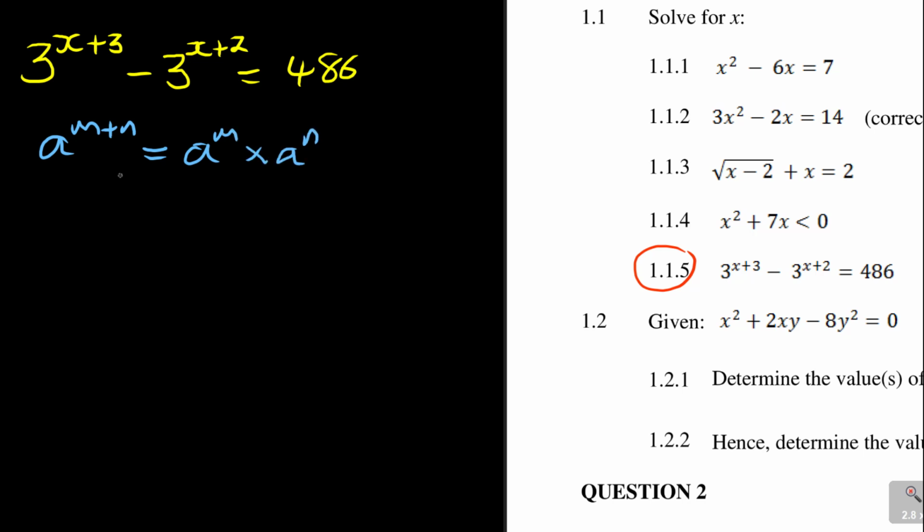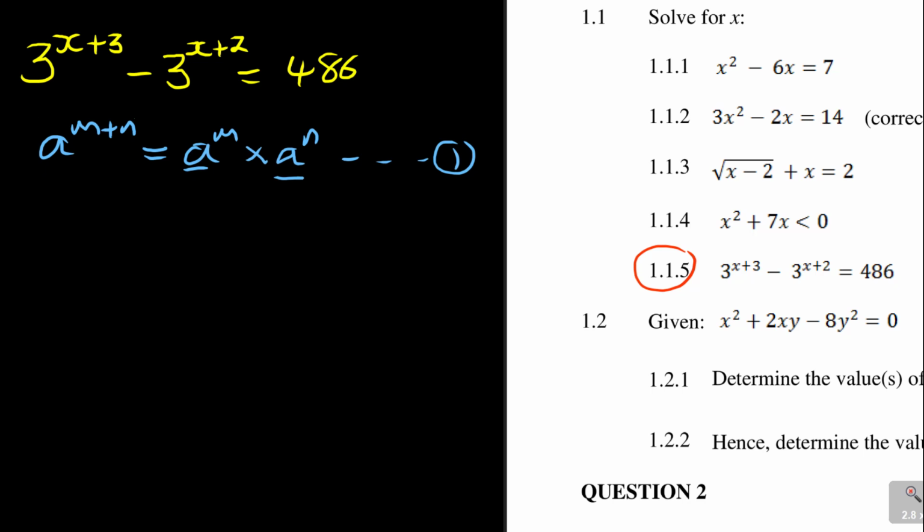I hope you can recall that. This is the first law of exponents. When you multiply, when the bases are the same, you add the exponents. So you can read it this direction, you can read it this direction. But now we want to read it the way I have written it, going from left to right.